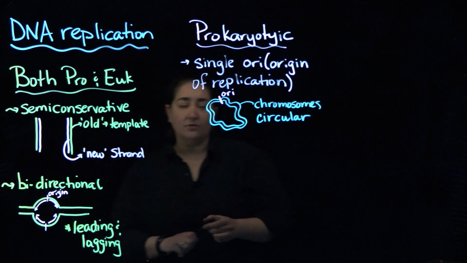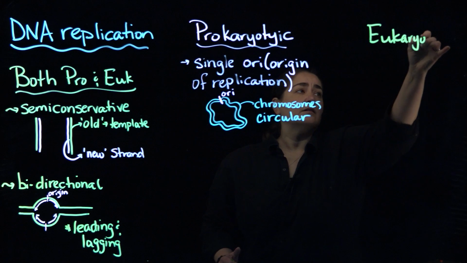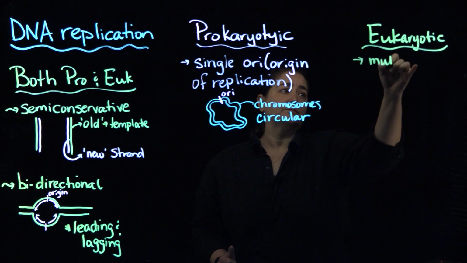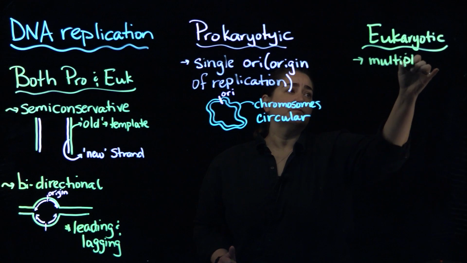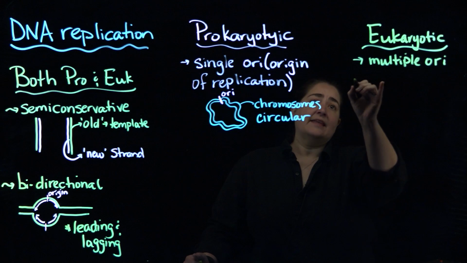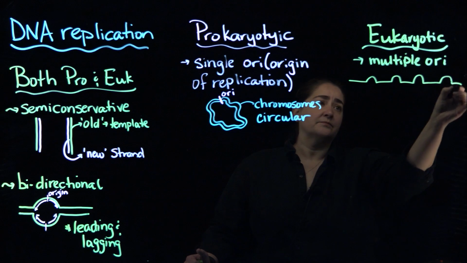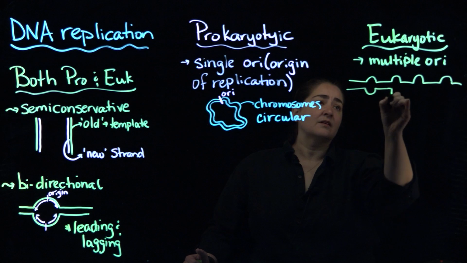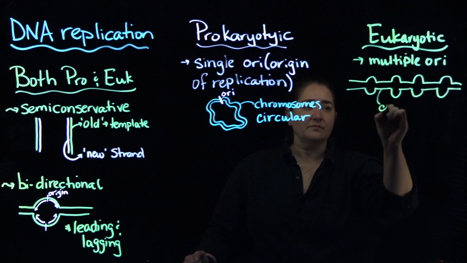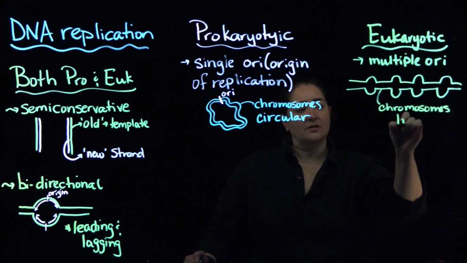Okay? Eukaryotic DNA replication, you're going to have multiple origins of replication. And that's because with eukaryotic cells, the chromosomes are going to be linear.